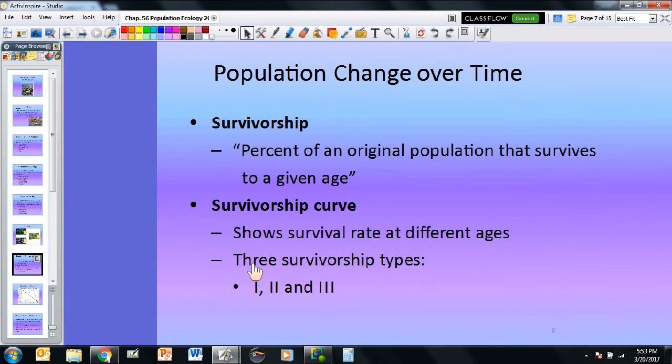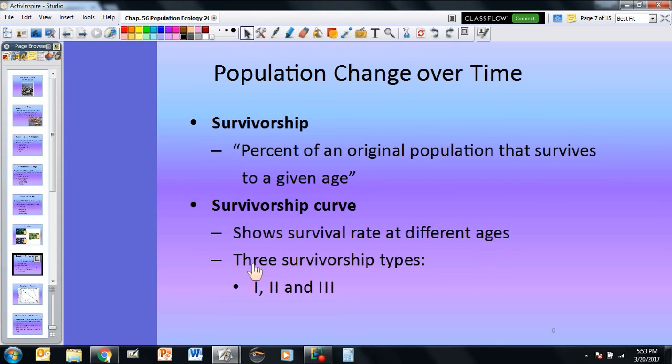Another way for you to learn about a population and how it interacts with its environment is to look at its overall survivorship. When we're looking at survivorship, we're really looking at how many individuals survive to old age and actually die of natural causes.